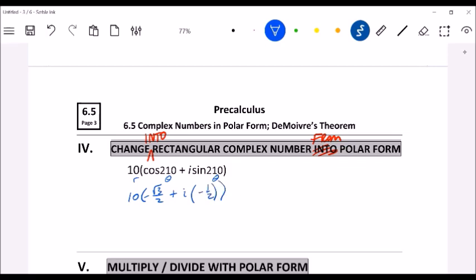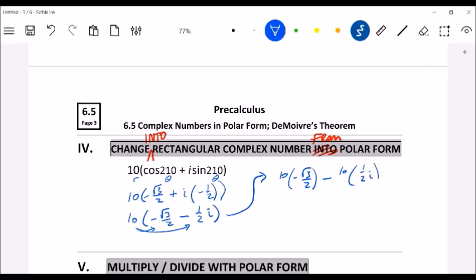So now let's first clean up some of this inside part, because plus and negative makes that a negative 1/2 before the i. Our next step will be to multiply the 10 to both of those. So we'll have 10 times negative root 3 over 2 minus 10 times 1/2 i. 2 goes into 10 5 times, so we have a negative 5 root 3.